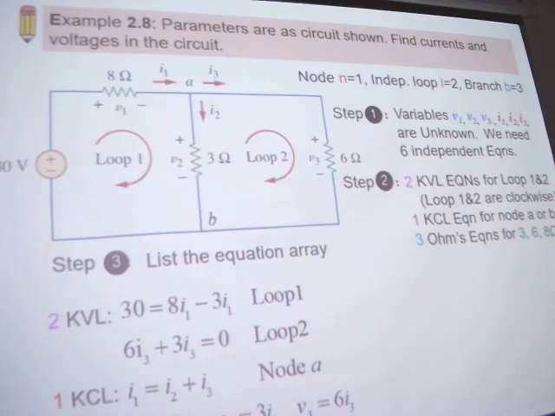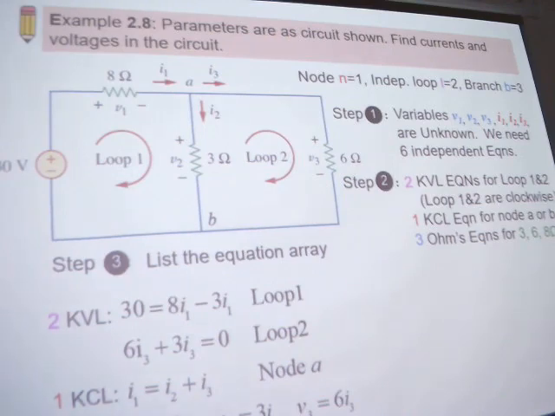Number 2 should be 3I2 equal to 6I3, right? This should be this one, and this one, the third equation, and then we get our result. For this one, I1 equal to I2 plus I3.